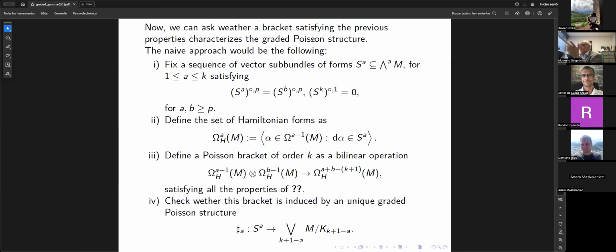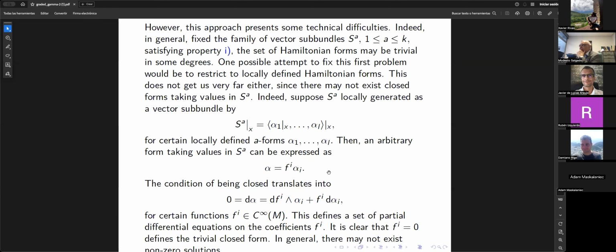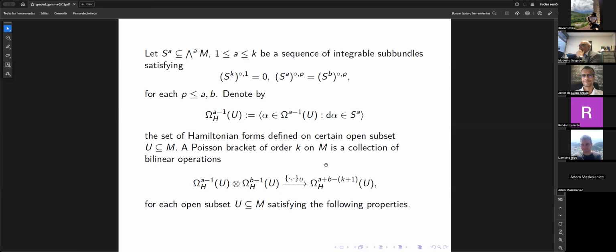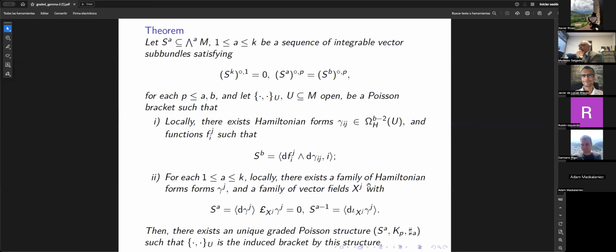And the converse: if we have a bracket satisfying these properties, is there a graded Poisson structure defining these brackets? Yes, this is the result, with some technical things that we need to solve just to obtain the result. But well, one can do the thing, and so we have the bracket.